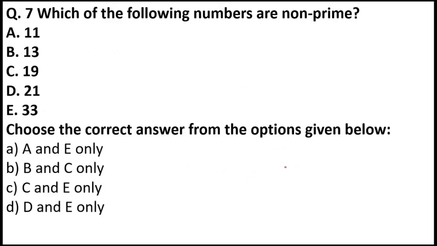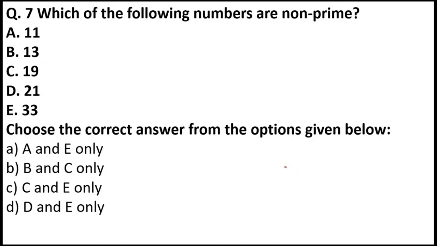Which of the following are non-prime numbers? Okay, non-prime. So in this question, students, first you should know what prime numbers are. Then only will you be able to answer.